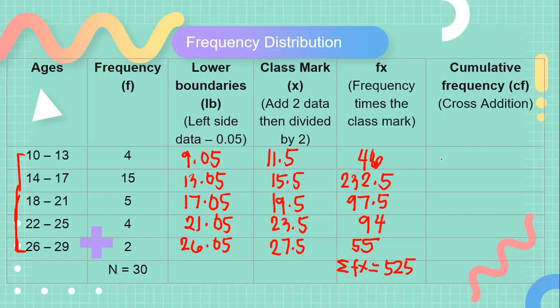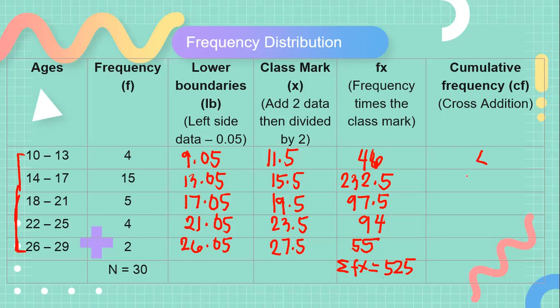Now for cumulative frequency, it's simple, it's cross addition. Since it is the lowest frequency data, we copy the 4.